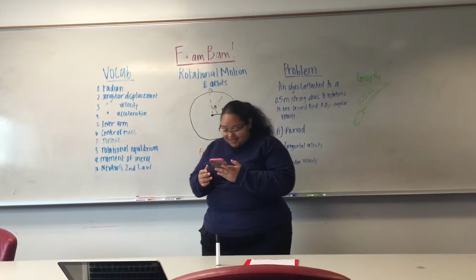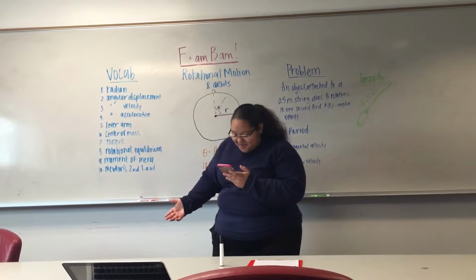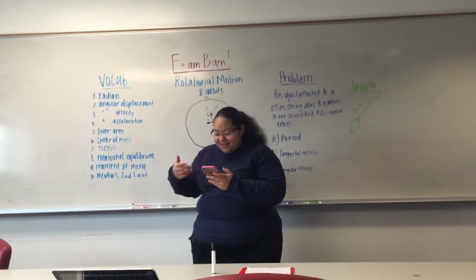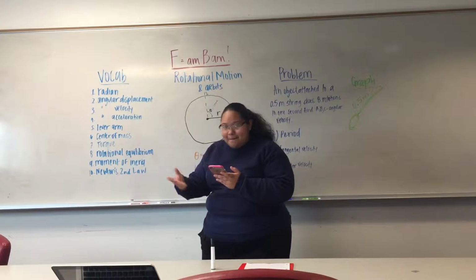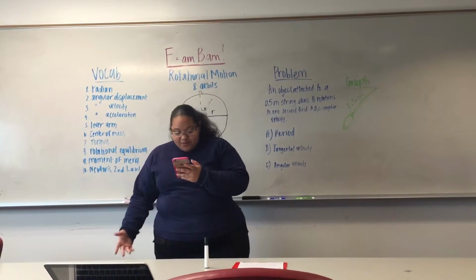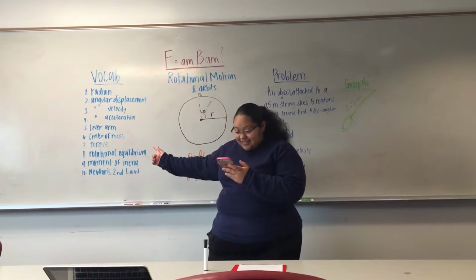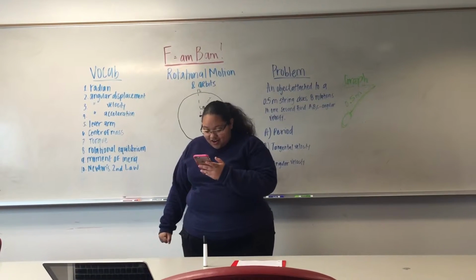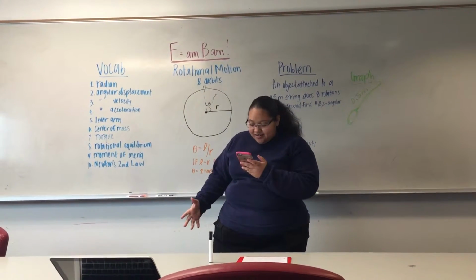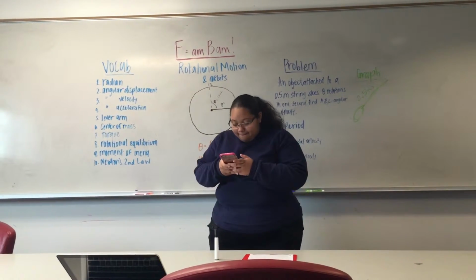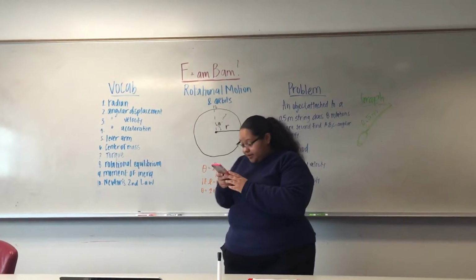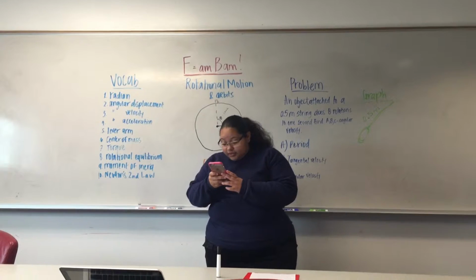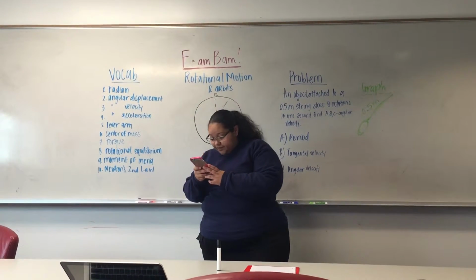Center of mass, the point on an object that moves in the same way that a point particle would move. Torque, the tendency of a force to cause an object to rotate about an axis. Rotational equilibrium, when the net torque is equal to 0.